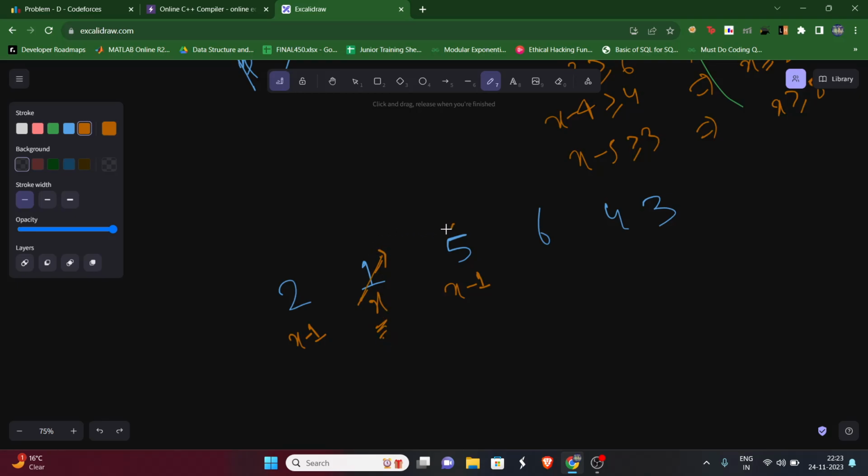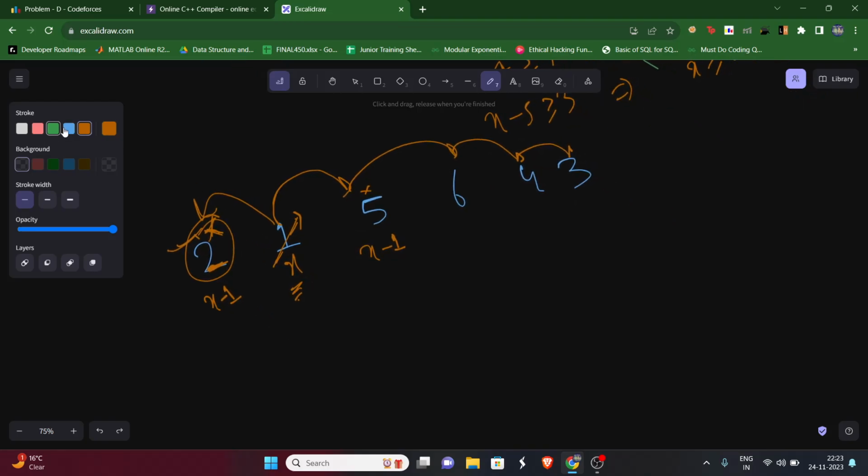I can either kill this one or this one. But what is the worst scenario I will be killing this monster in? That can be, if I kill this first, again this first, again this first, and again this first, and then finally I kill this one.